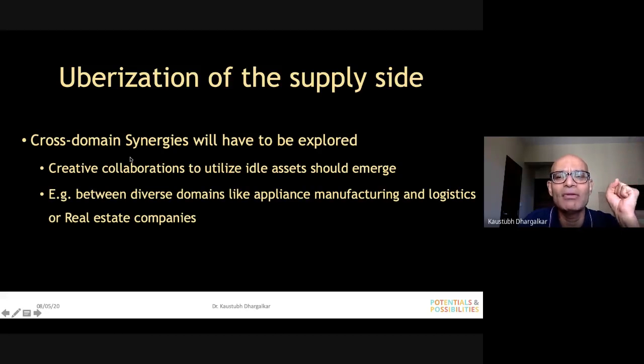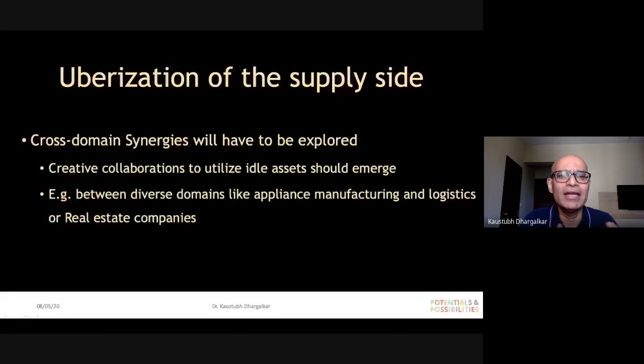That is something that will have to be really explored in terms of, I call it as Uberization of the supply side. That means identify idle capacities in your domain as well as some other domains that have got created because of this COVID-19, and see how you can creatively collaborate across domains within your domain to create these collaborative synergies. Creative collaborations is one thing that I'm looking at.